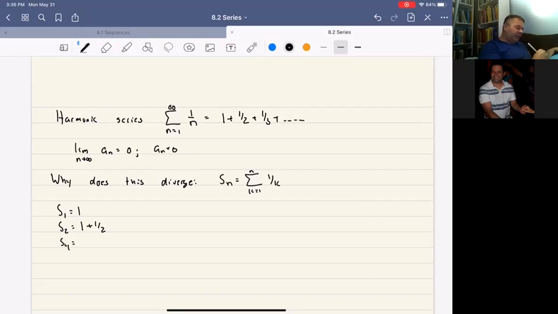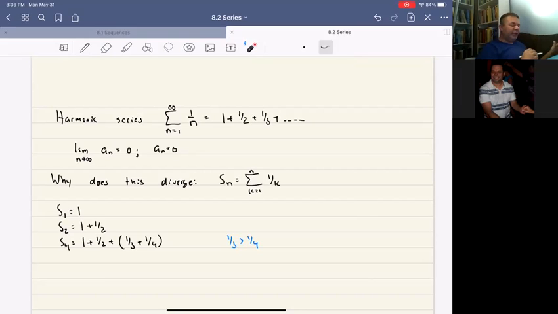S sub 4 is 1 plus 1 half plus, and I'm going to group these together, 1/3 plus 1/4. Now, here, 1/3 is definitely bigger than 1/4, right? 3 is less than 4, so 1/3 is bigger than 1/4. And I have two of these terms.